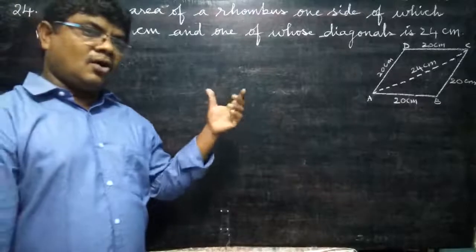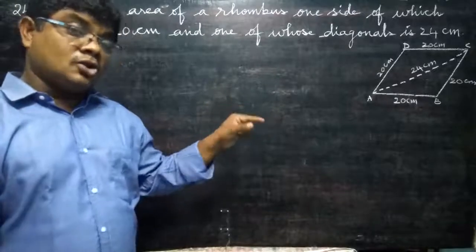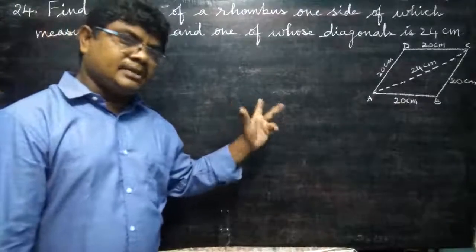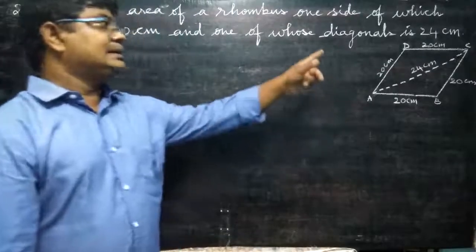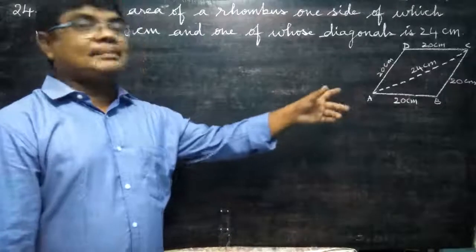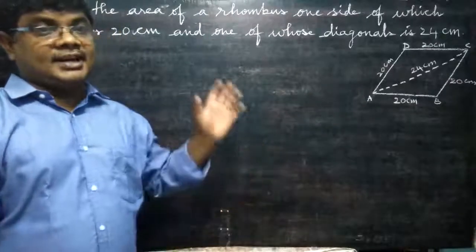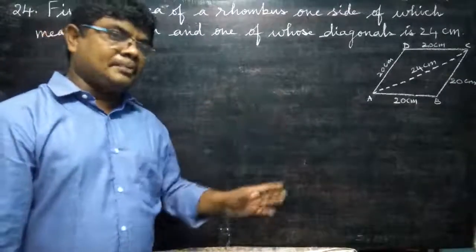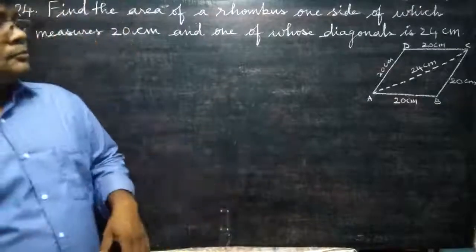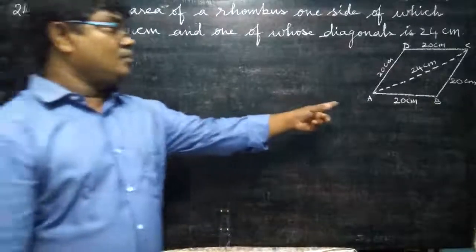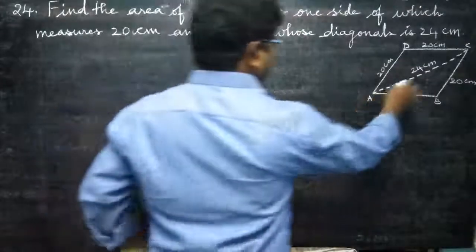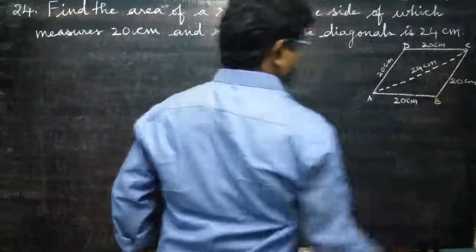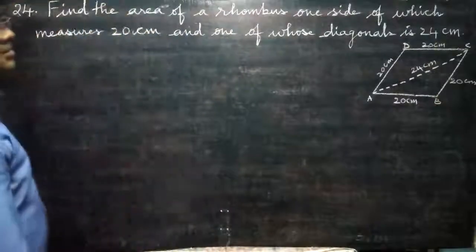In square all sides are equal, diagonals also equal. That is the difference between square and a rhombus. And in rhombus diagonals bisect perpendicularly at 90 degrees, whereas in square not perpendicular. Keep in mind. In rhombus diagonals are not equal. AC will be more, BD depends upon the rhombus.